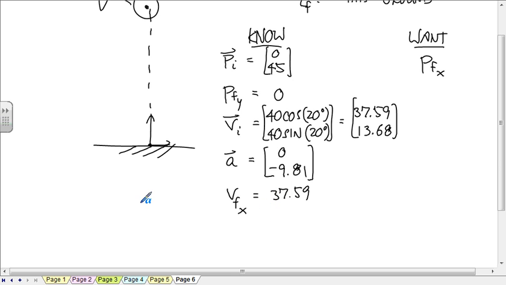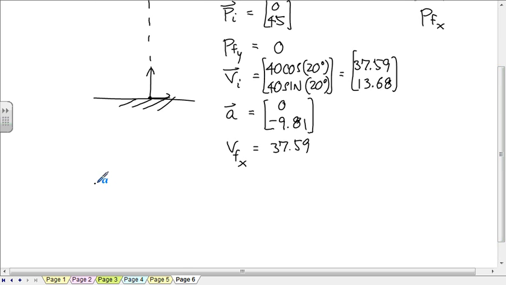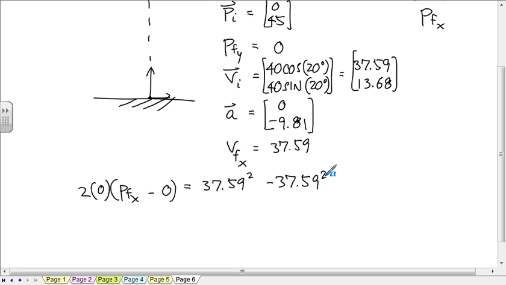But you end up with 2 times 0 times this is equal to 37.59 squared minus 37.59 squared, and you get 0 equals 0.